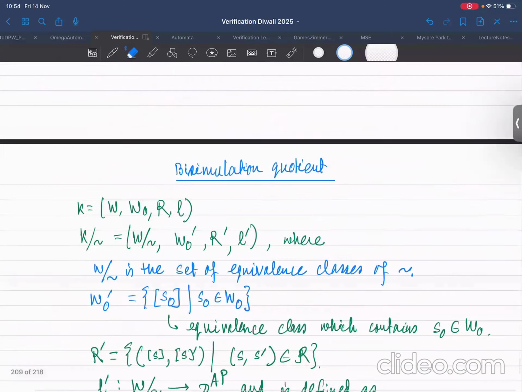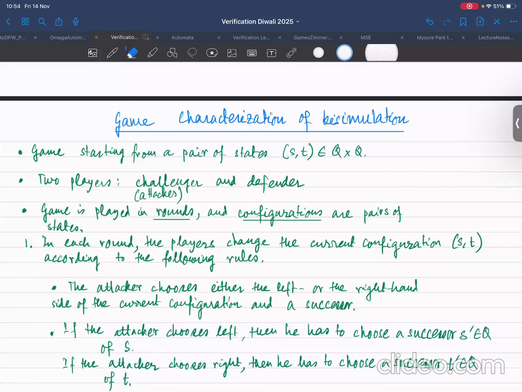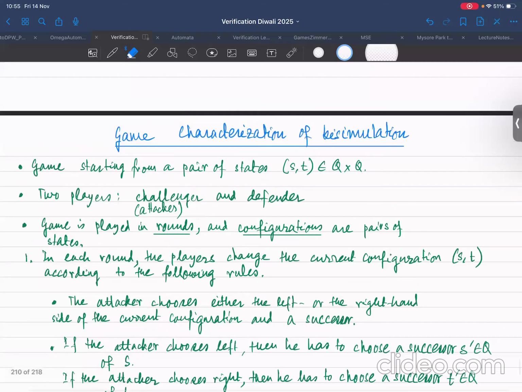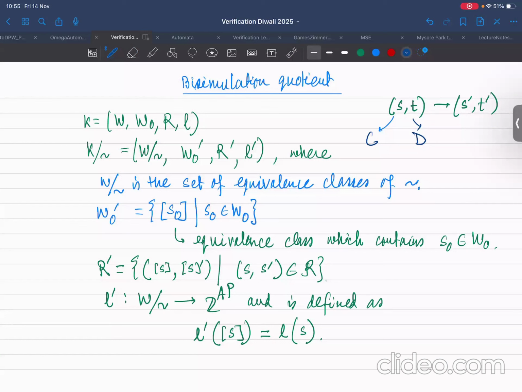Is the question clear? There is an inherent flavor of a game here. How is the game played? As I said, it's played in rounds. Once I reach from S, T, let's say, S prime, T prime: in the first round, maybe the challenger chose this side, then the defender has to choose the other side.